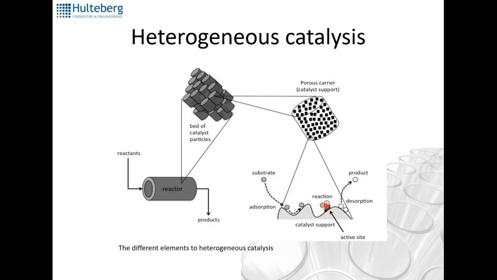We have an active site on a catalyst where we form our products. They desorb. Then we take this surface, which is usually prepared in powder form, and compress it into tablets or pellets that give a structure to the bed, so form a carrier. We pack these carriers into a reactor, and we process reactants and products.